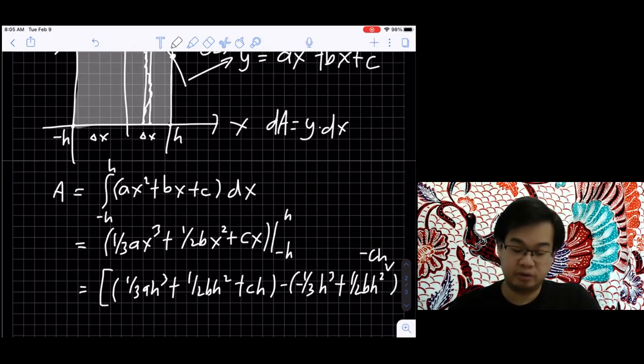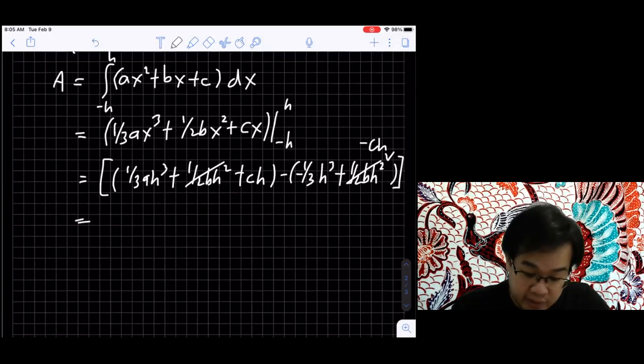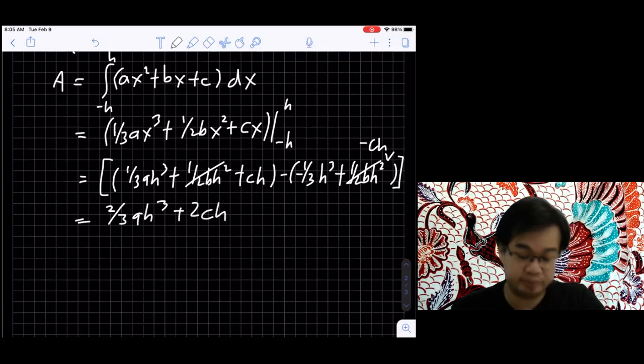Of course, this will be cancelling. So if I add, it is equal to 2 over 3 ah cubed plus 2ch.